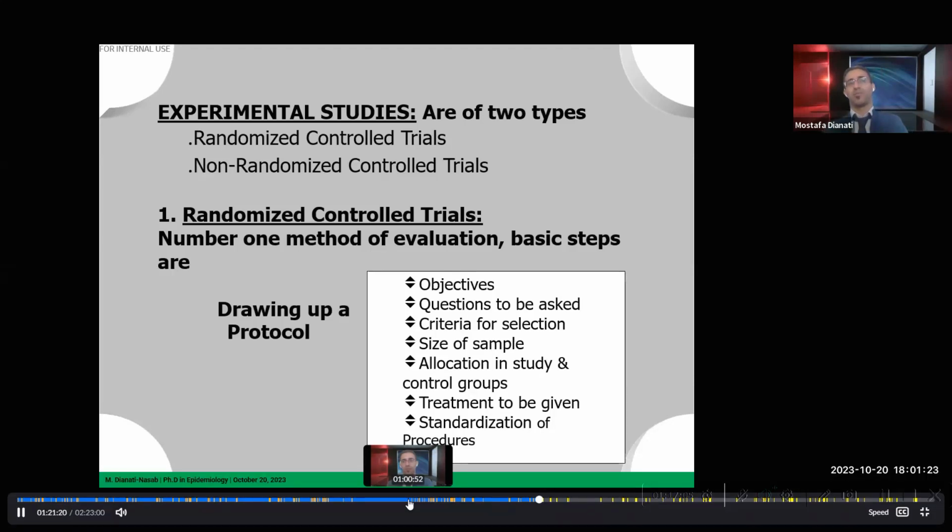You are just going to allocate the patients with severe disease to surgery, and those who are not in bad condition, you are going to assign to, for example, any new drug that you have. So non-randomized controlled trials, as you see, by nature have bias, mainly selection bias.